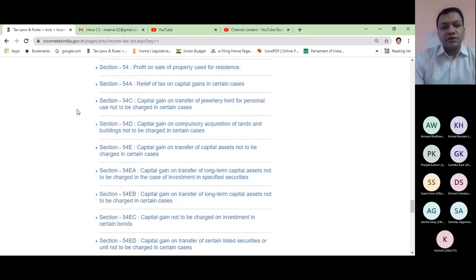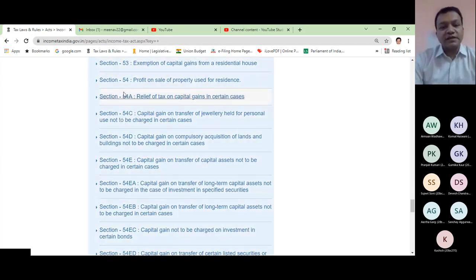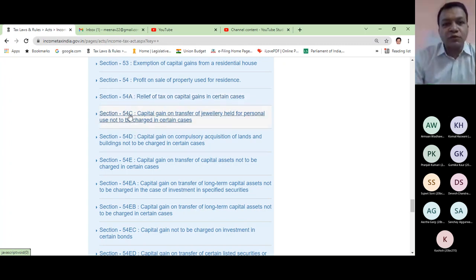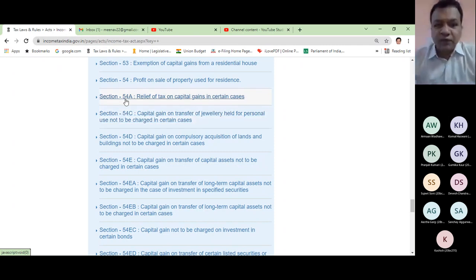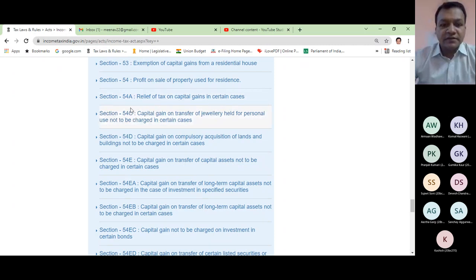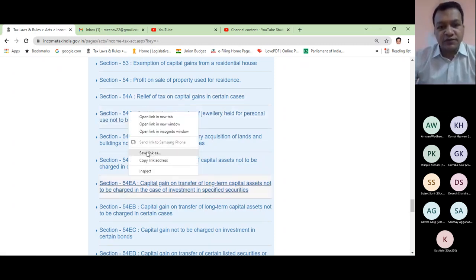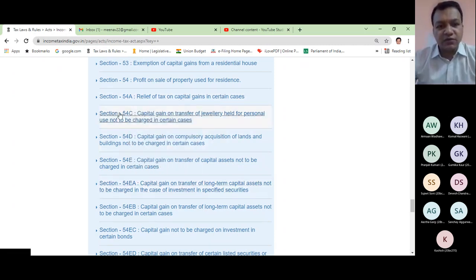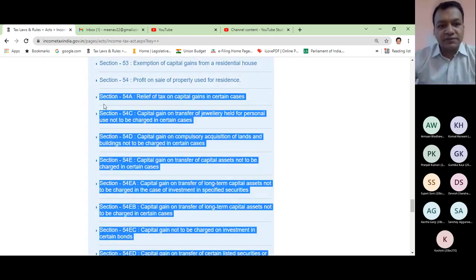Like suppose some person doesn't know that there is a section like 54B related to transfer of land used for agriculture purpose, that person will never come to know about 54B, because somewhere between 54A and 54AC, 54B is also there in real life, but I don't know why it is not available. It is the problem of the website.